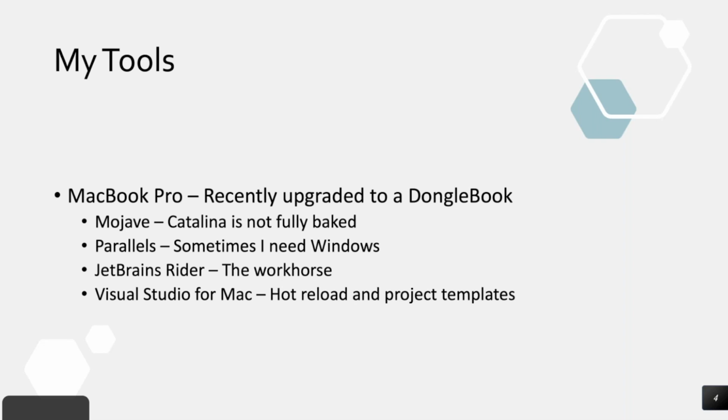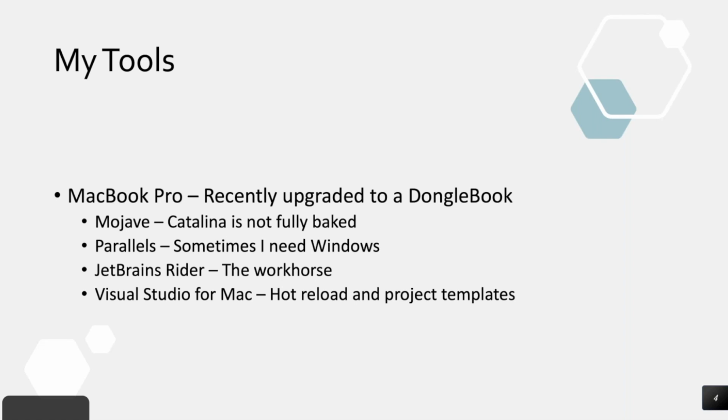But I've kind of been forced into a corner where I have to get the new version with USB-C or Thunderbolt. It's not as bad as I expected, but I'm still running Mojave. I won't venture down Catalina. I've seen some feedback and people are seeing some issues with it. So I'm personally not going to recommend Catalina, but feel free.